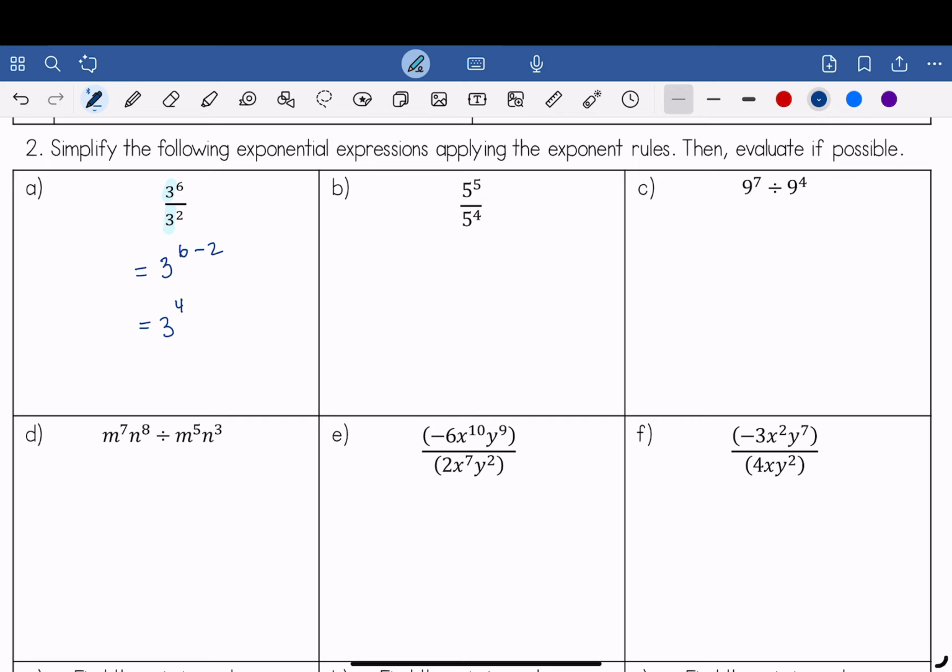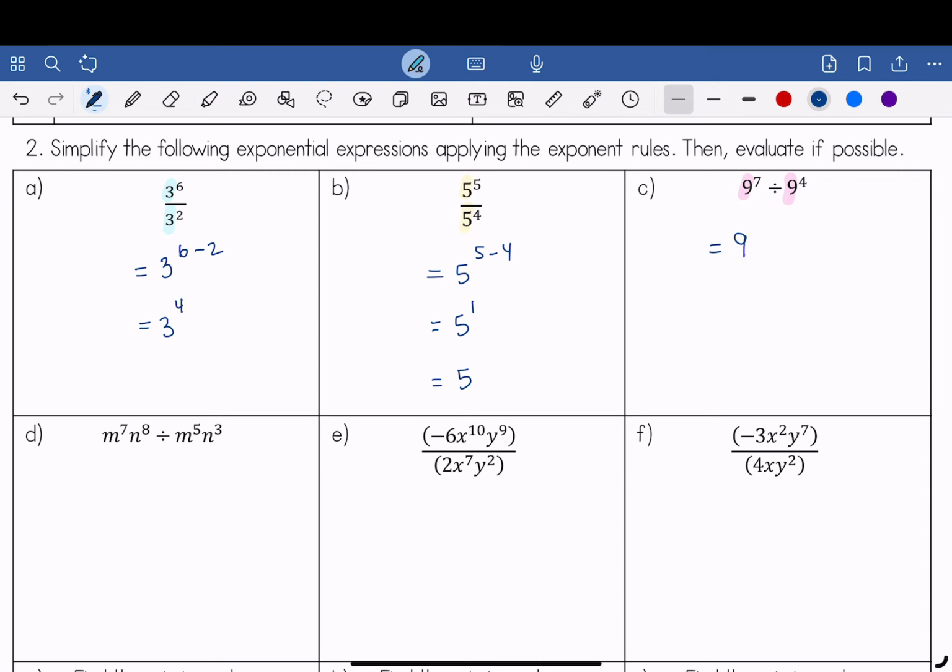B, we have the same base, 5 and 5 in both. So we will rewrite the base and subtract the exponents. Therefore, it equals 5 to the power of 1, which you can just write 5. Question C, we have again the same base, 9 and 9.